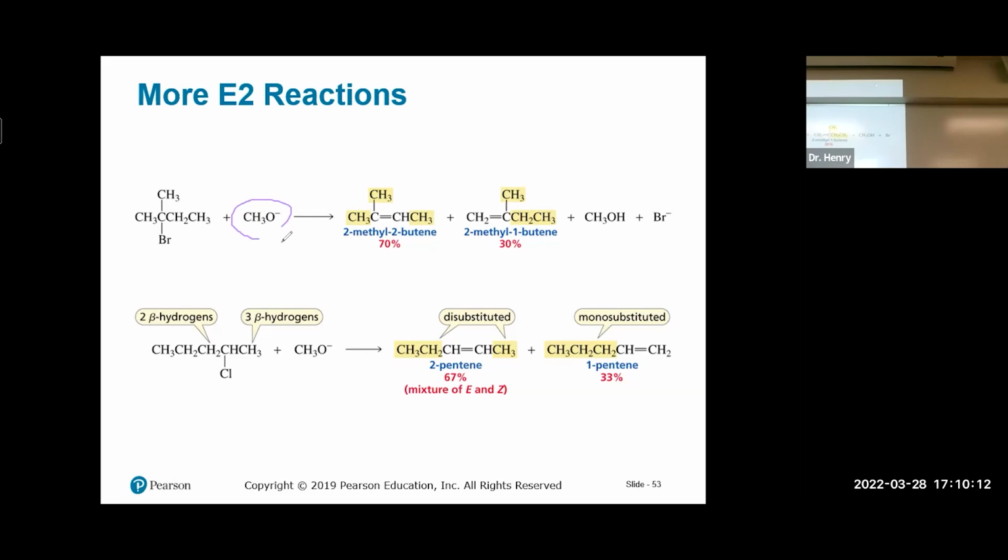So in this case, here's our hydrocarbon, and again, these are going to be our betas. These are beta carbons here, and then this is going to be our alpha carbon.